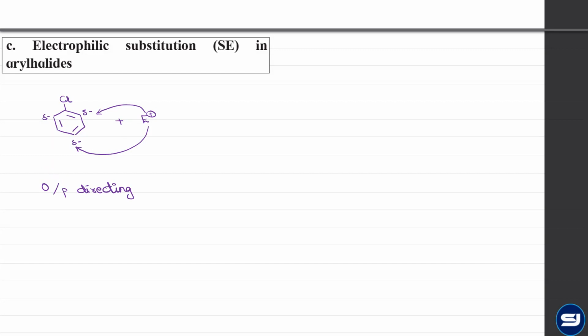And दूसरी बात, chlorine because it has electron withdrawing nature due to the electronegativity, we say that it is deactivating, meaning it is making the benzene less reactive. So the conclusion is towards the electrophilic substitution, benzene acts as a deactivating and OP directing compound. Clear?